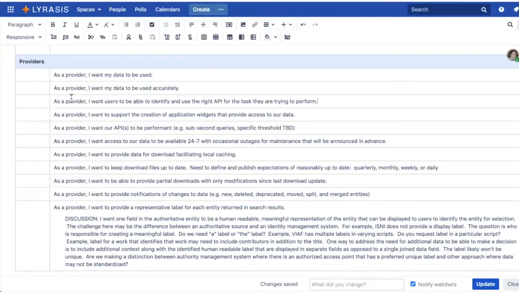Yeah, that seems like a separate one. So I put that on the line below. As a provider, I want users to be able to identify and use the right API for the task they are trying to perform.